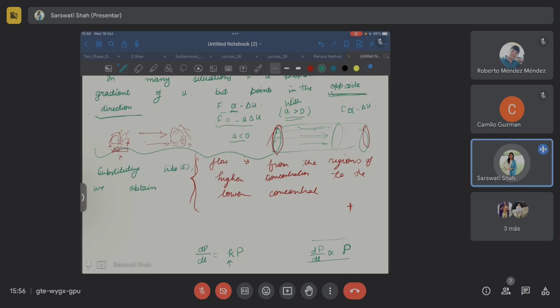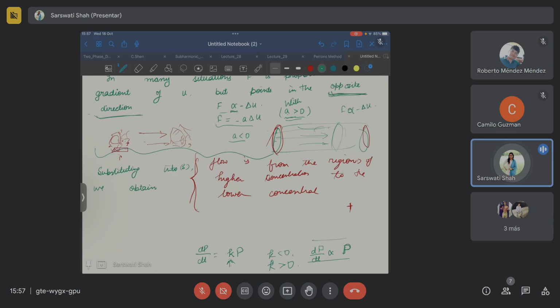But here we are fixed that it is pointing in the opposite direction, so we have to have the negative sign. Because of that, here we are taking a greater than 0. In the corona period the population of a lot of countries decreased, so k is going to be negative, but in almost all other countries the population increases, so k is greater than 0. Here we don't put any restriction on this constant, but we are very sure that f is proportional to the negative of the gradient of u.